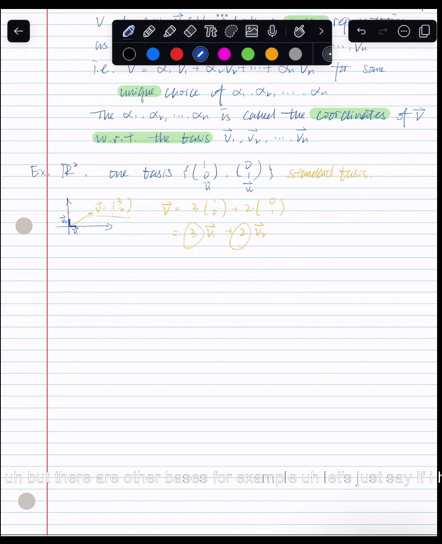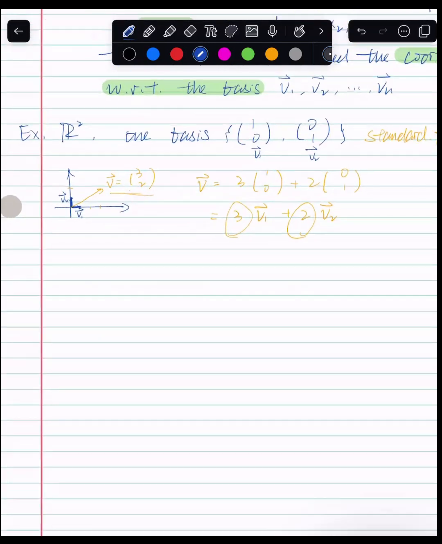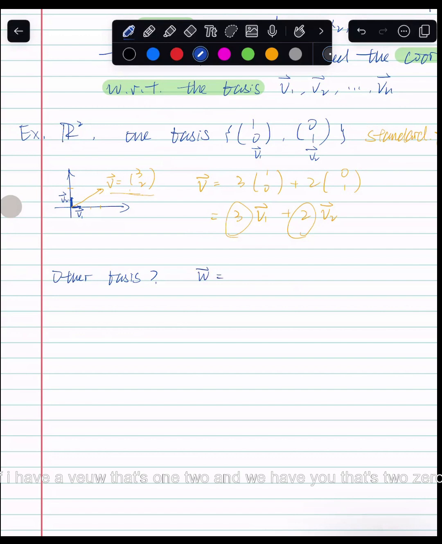For example, let's say I have a vector W that's 1 2, and we have a U that's 2 0.